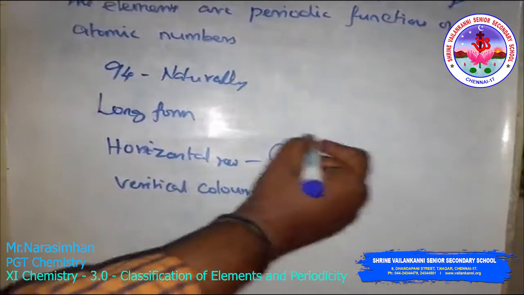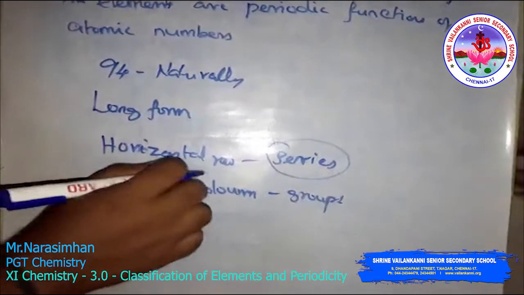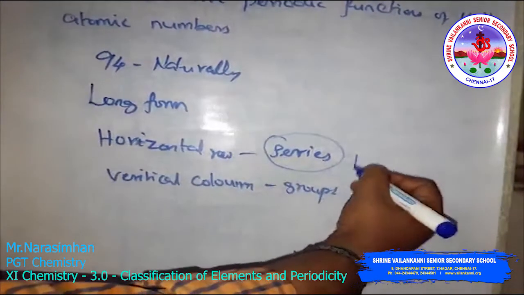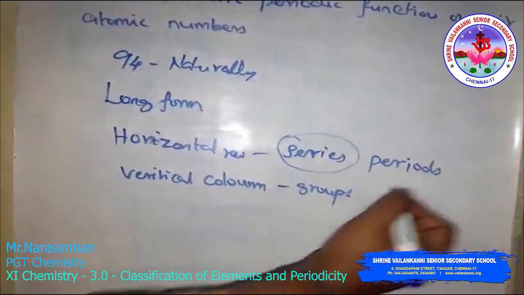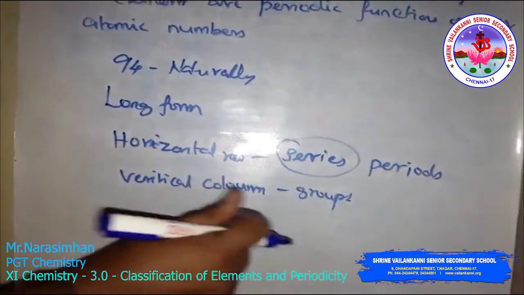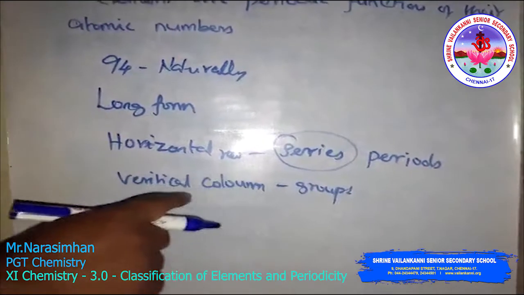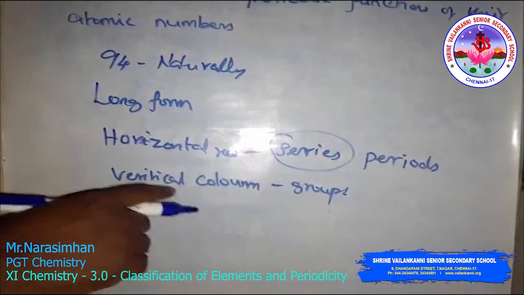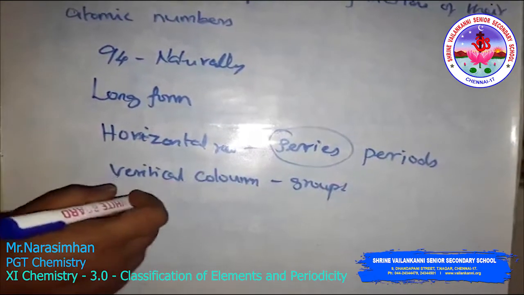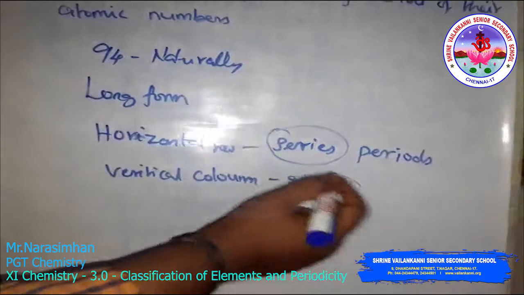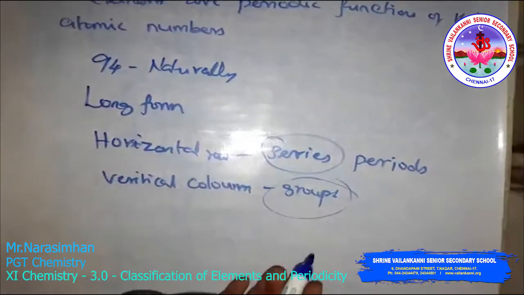Elements having similar outer electronic configuration in their atoms are arranged in vertical columns, referred to as groups or families.